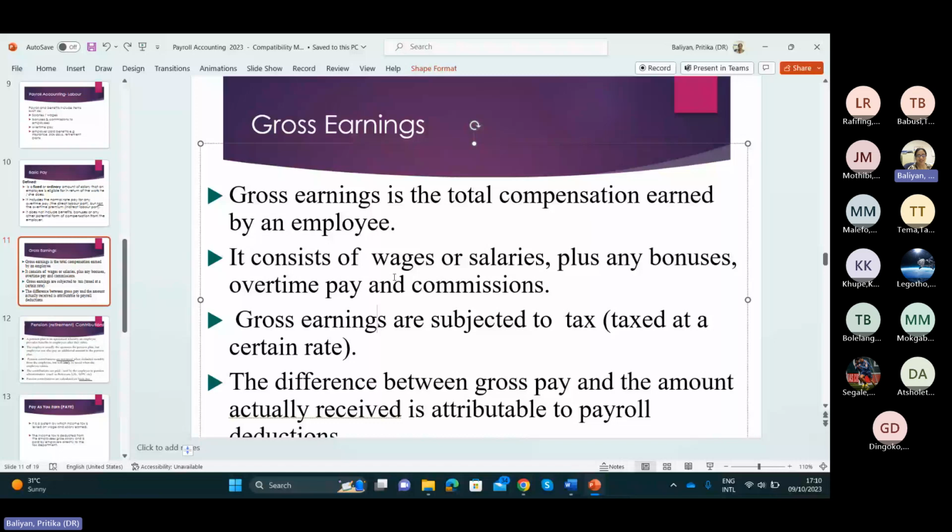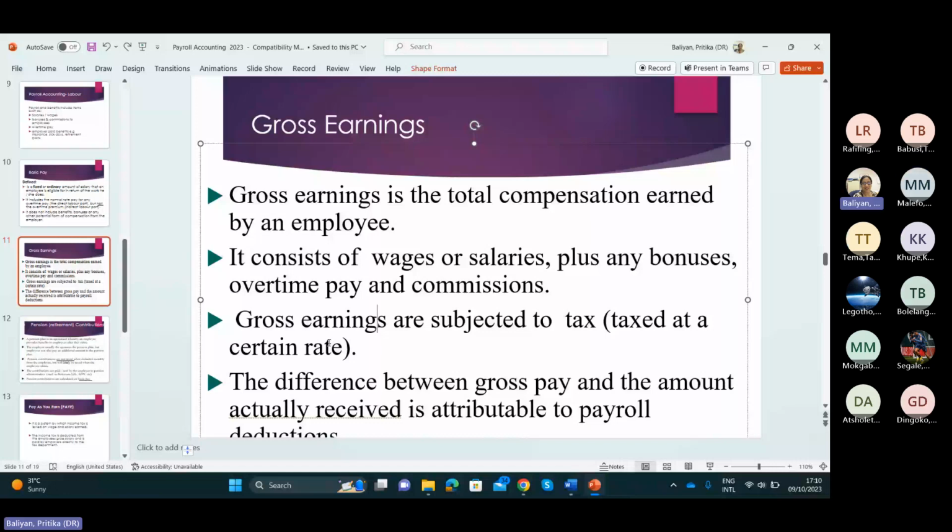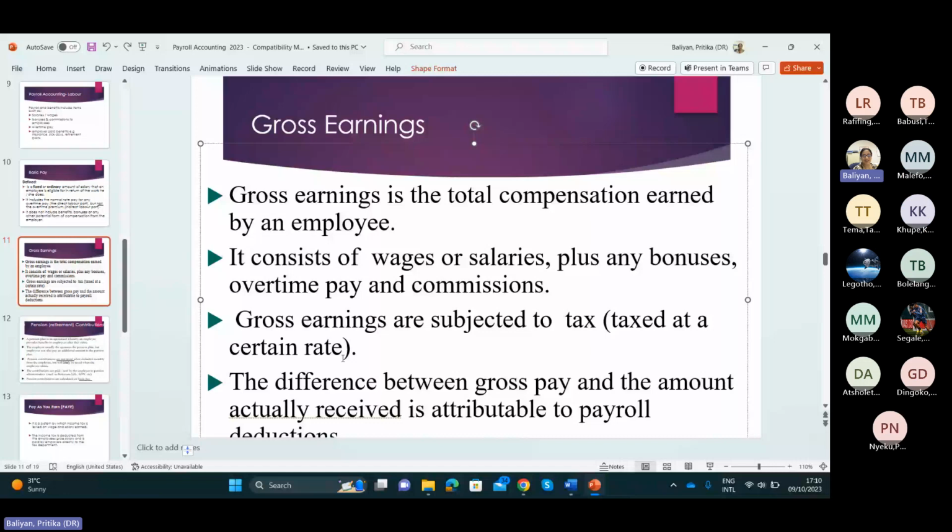Calculating the gross earning is important because gross earning is subject to tax, a tax of the amount to be paid on the gross earning. And the difference between the gross pay and the amount actually received is attributable to the payroll deductions.